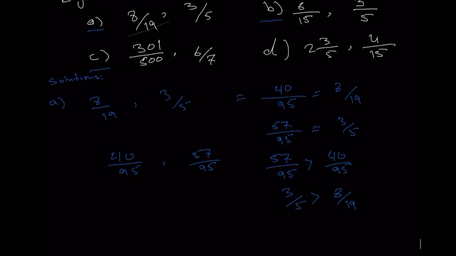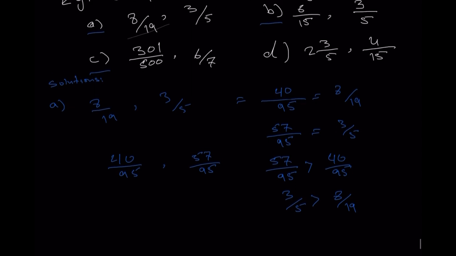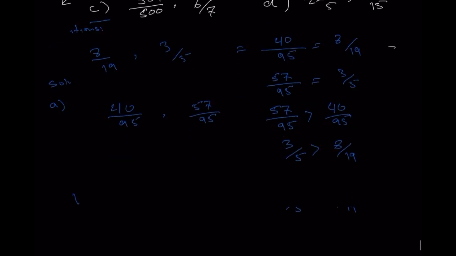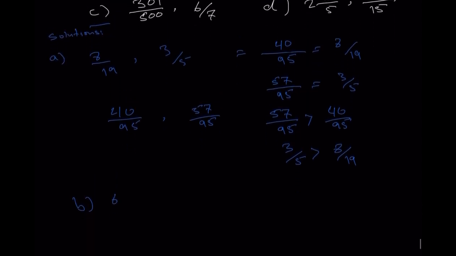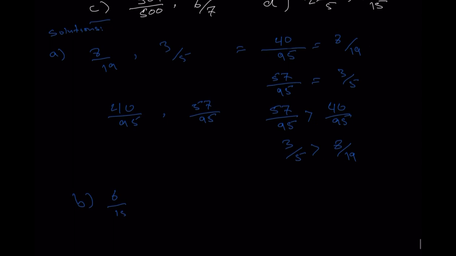That's A. Now let's compare B. 6 over 15 and 3 over 5. I think I can reduce this. 2 times 3 is 6, 5 times 3 is 15.